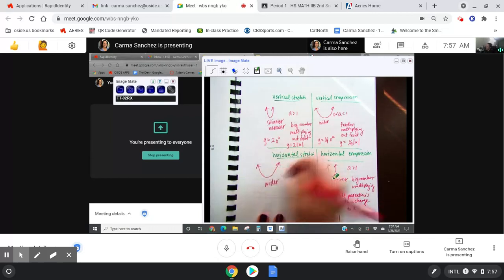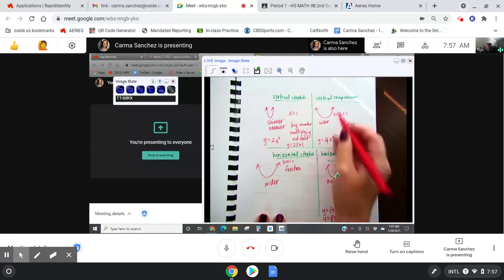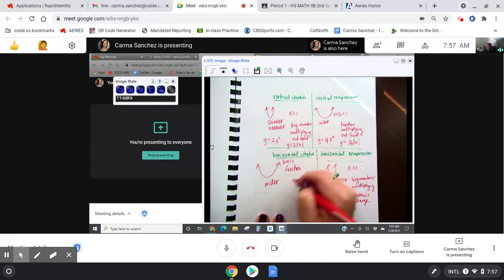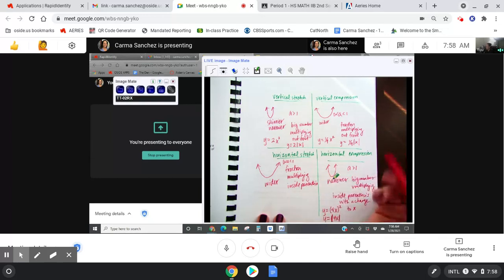It's when you see a fraction, because that A value is in between 0 and 1, just like this one. It's still a fraction that's multiplying, but this time it's not out front. It's inside the parentheses or the bars, making a change to the x.